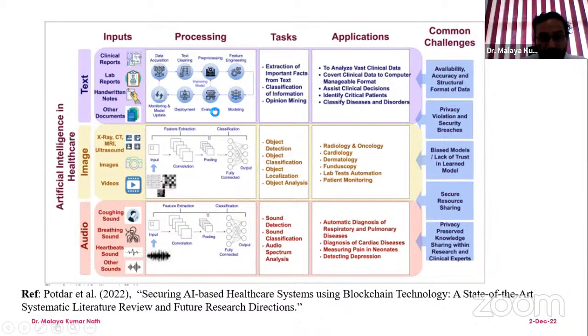These features play a very vital role in all kinds of data, text, image, and audio, and are used for classification. The features extracted from text, image, and audio are passed into DL algorithms, and these DL algorithms perform the classification.